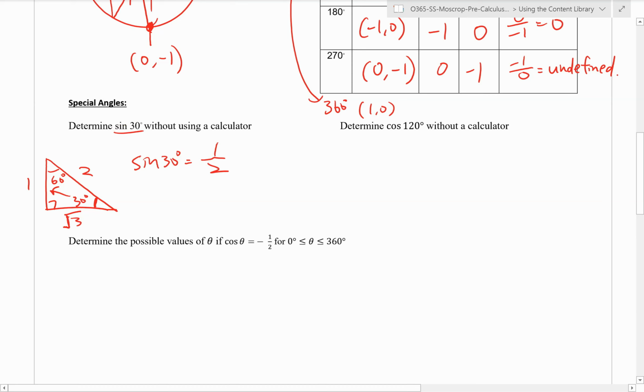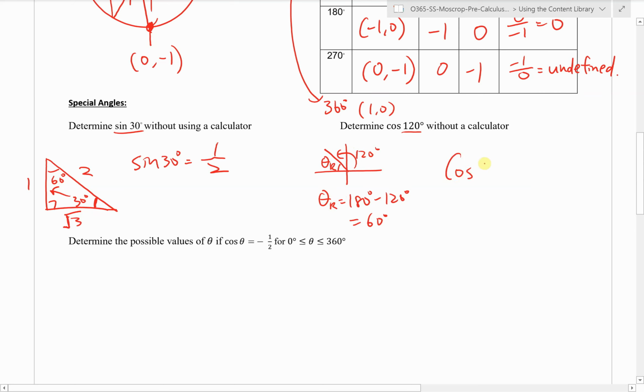Cosine 120, similarly, we are going to refer this back to the special triangle. However, you can see 120 degrees is not here, but the reference angle for 120 degrees, if you draw this out, here's 120. Here is the reference angle, and the reference angle is simply 180 minus 120, which is 60 degrees.